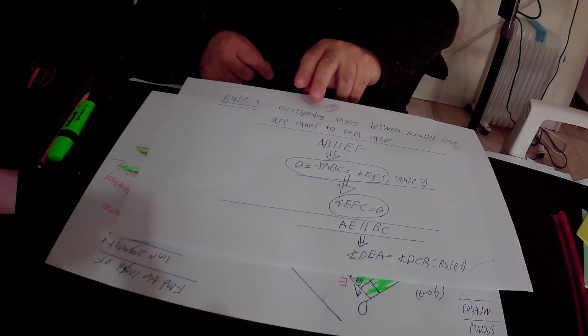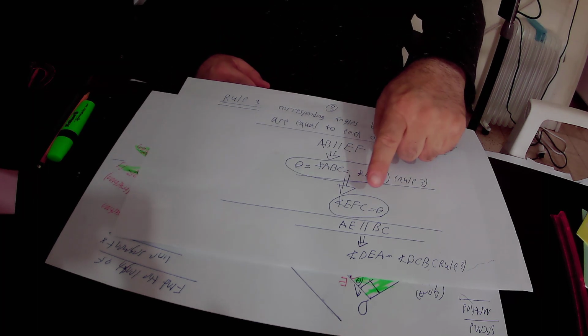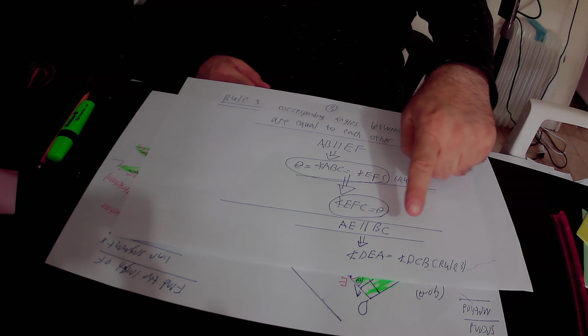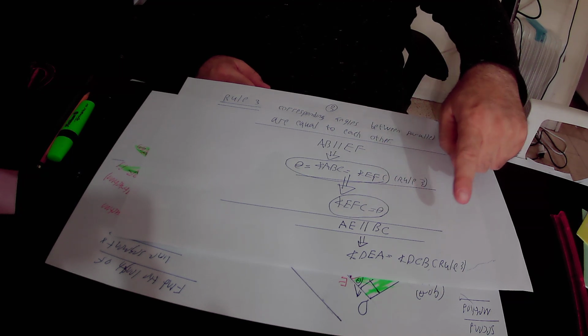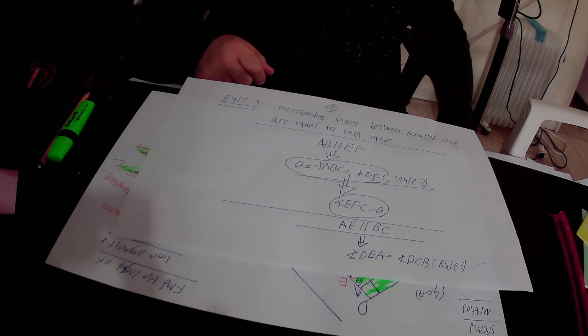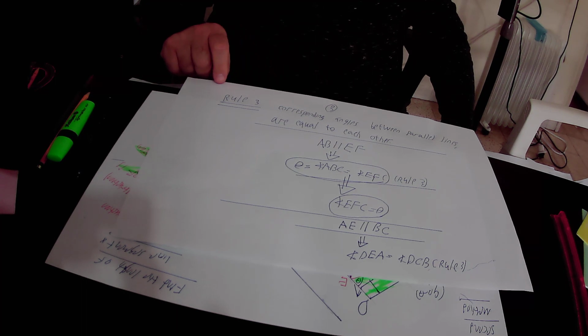According to rule number 3, because AE is parallel to BC, angle DEA must be equal to angle BCD, because corresponding angles are equal to each other.